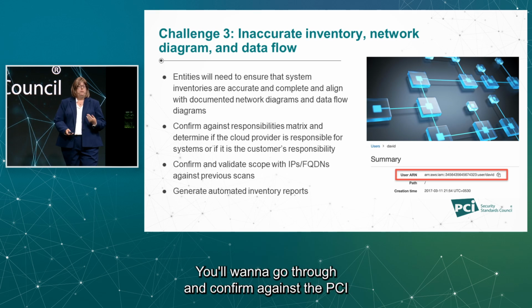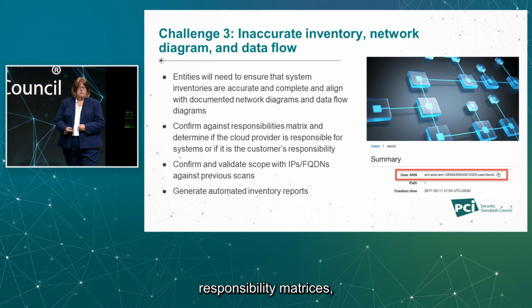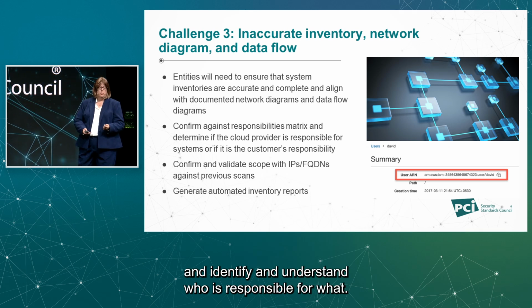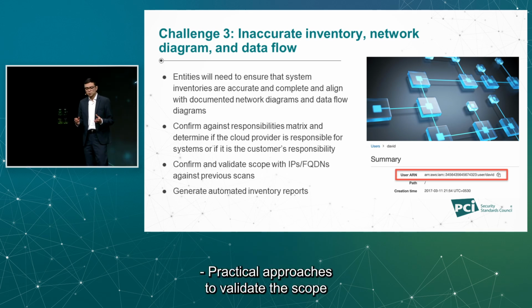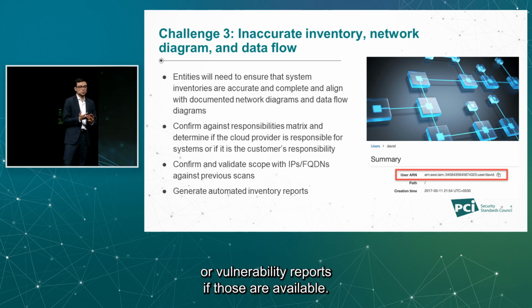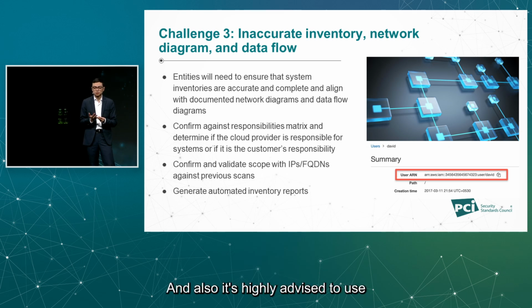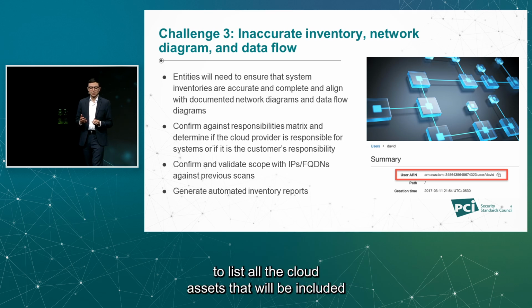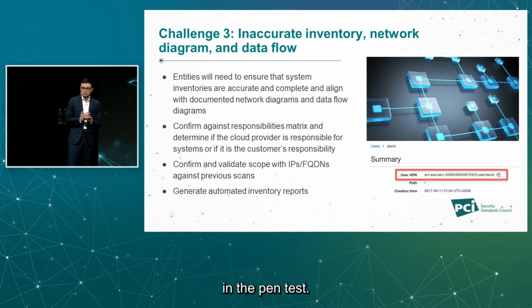You'll want to confirm against the PCI responsibility matrices and understand who is responsible for what. Practical approaches to validate the scope could include checking previous pen test reports or vulnerability reports, if those are available. And also, it's highly advised to use programmatic or automated inventory report tools to list all the cloud assets that will be included in the pen test.